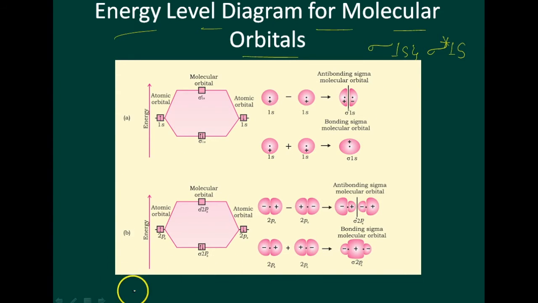Here I will write the antibonding ones: sigma star 2s, sigma star 2pz, pi star 2px and pi star 2py.